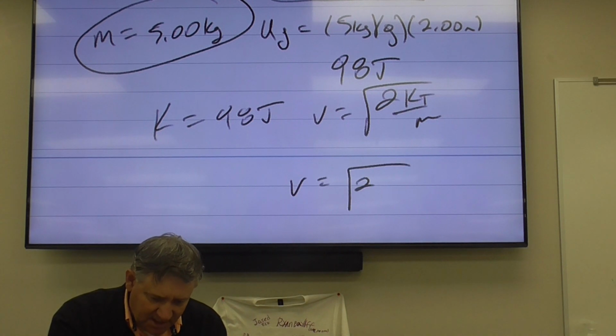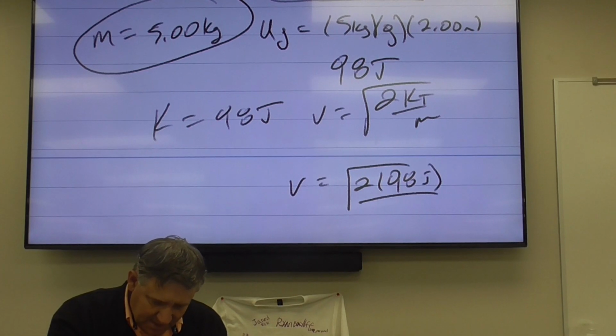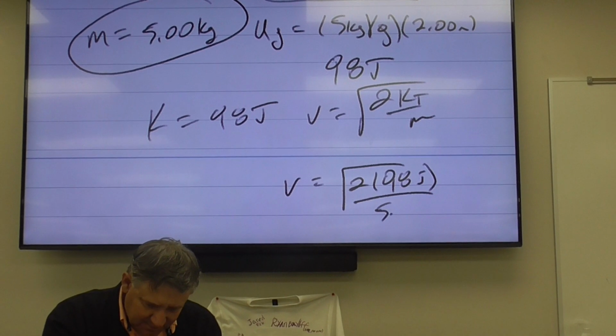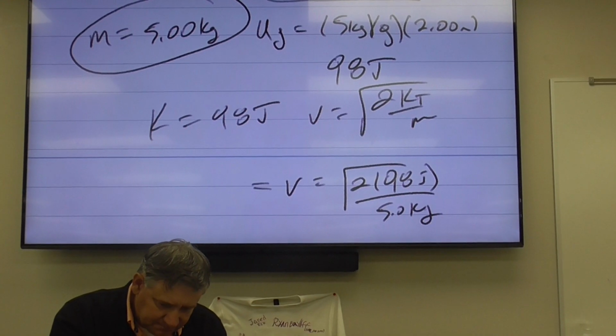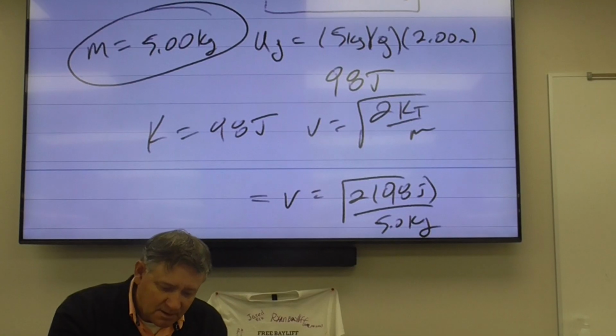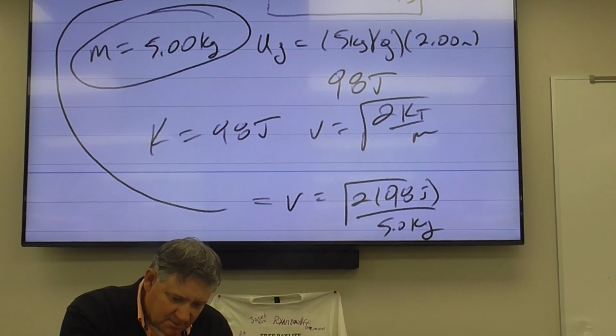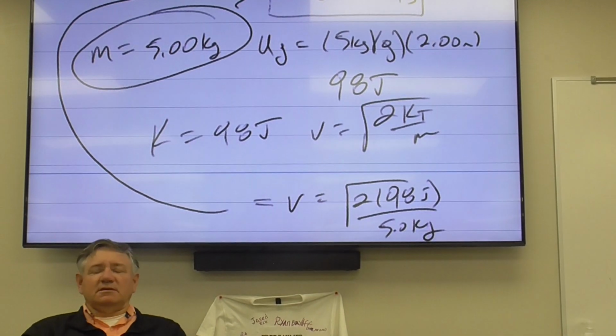Cohen, take 2 times 98 joules, then divide that by 5 kilograms, and let me know what you get. 6.26. Shockingly, we get the exact same velocity.